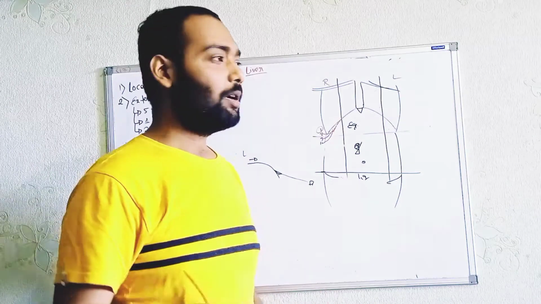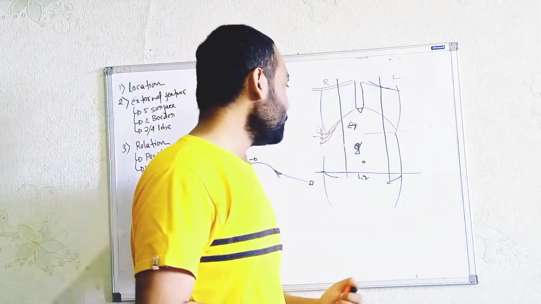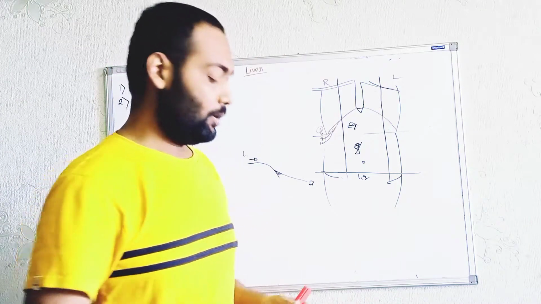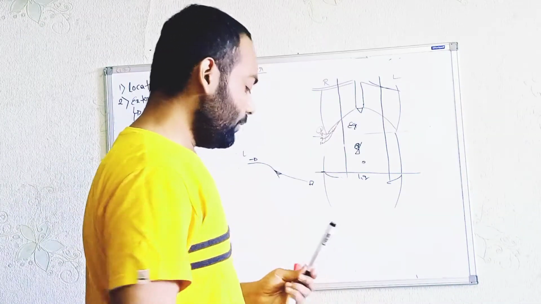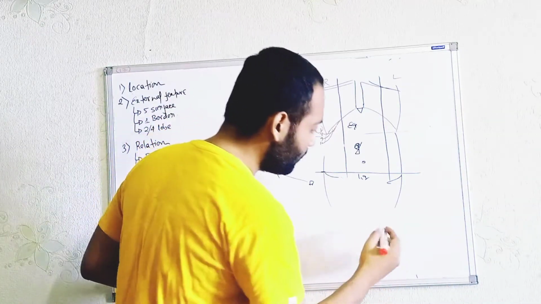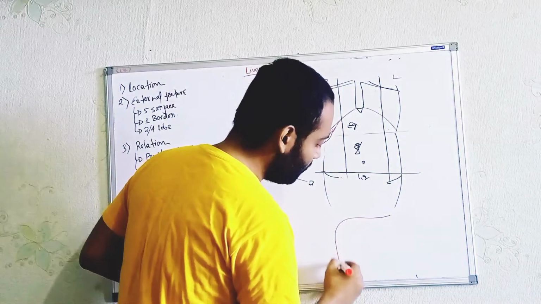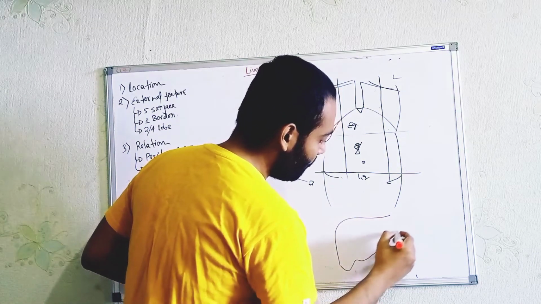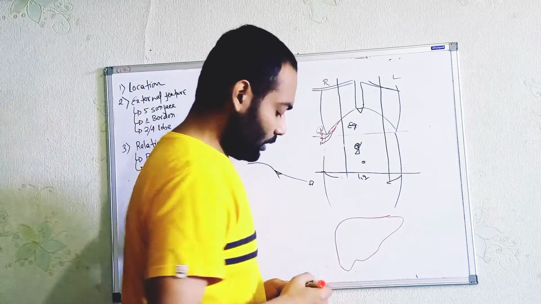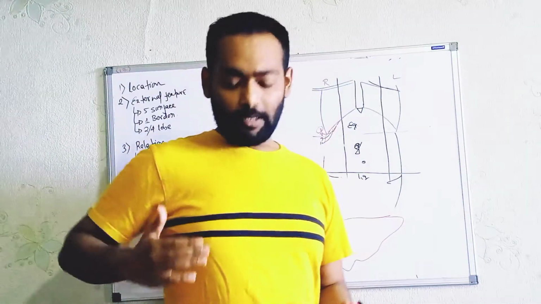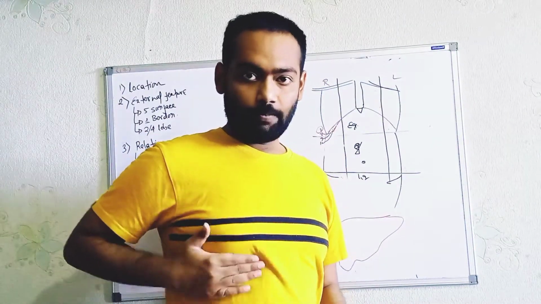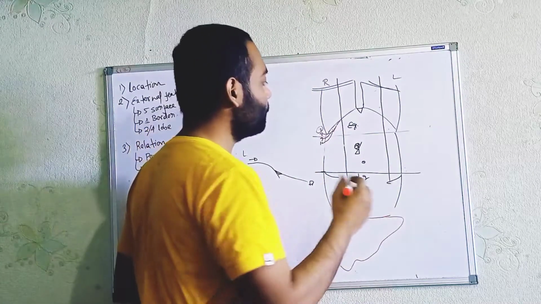So this is our terminologies. So how to visualize these things? Okay, so liver. Come here. Liver. Try to visualize. Okay, liver, right side.